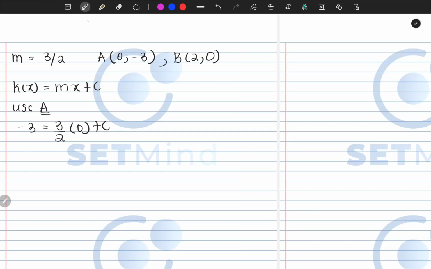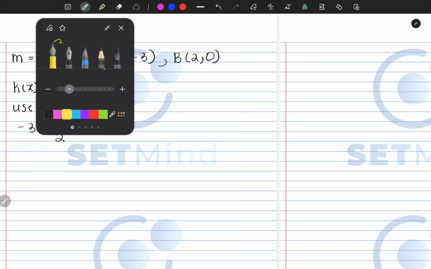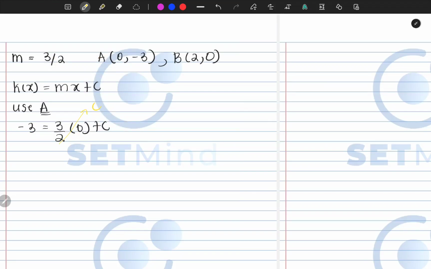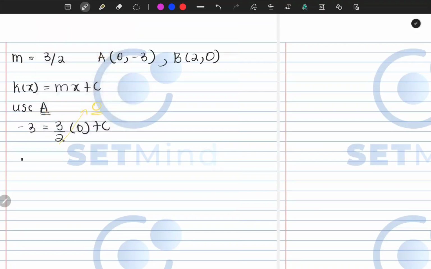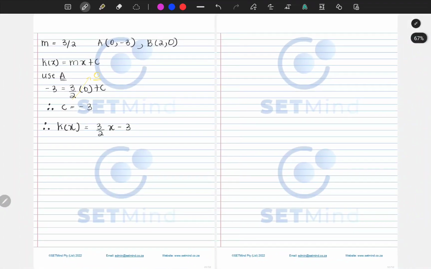You will see that this here will amount to 0. So our c will be negative 3. This means that the final equation k of x is simply 3 over 2 x minus 3, like this.